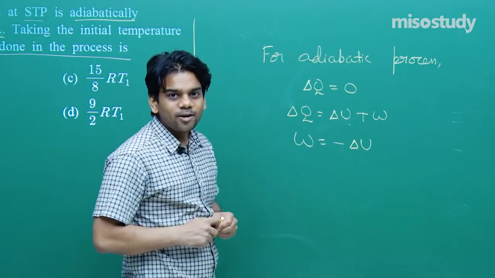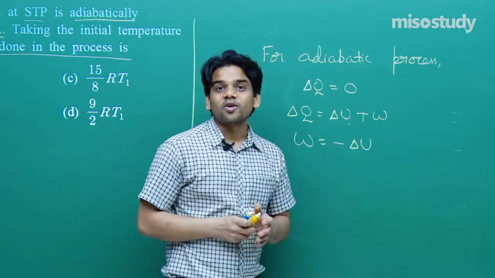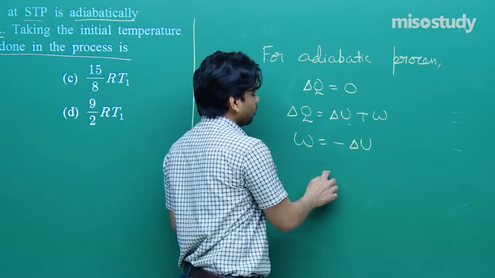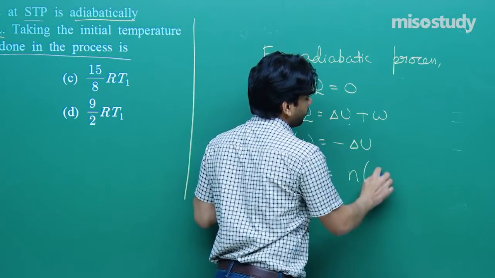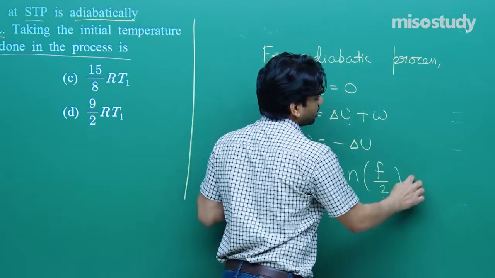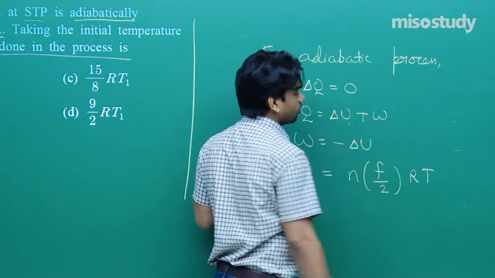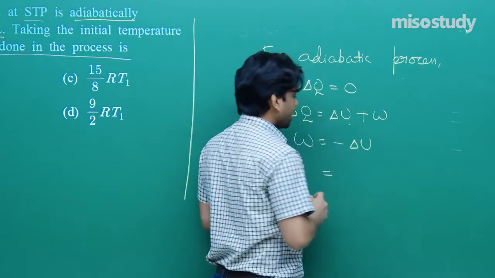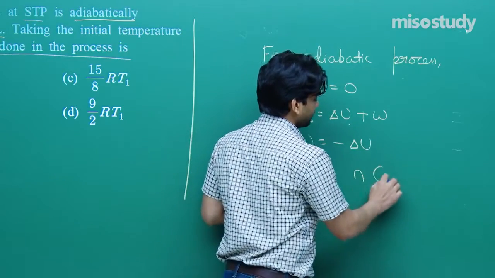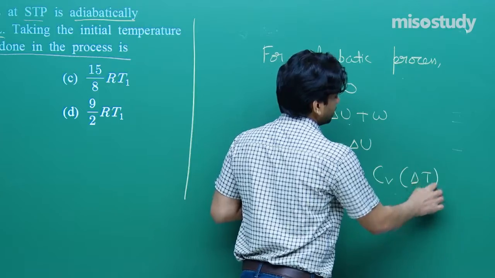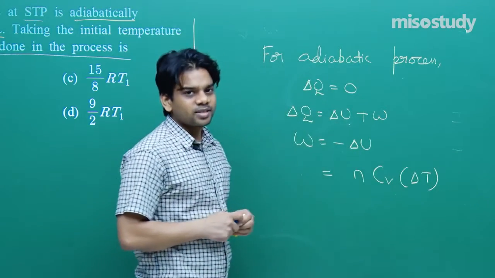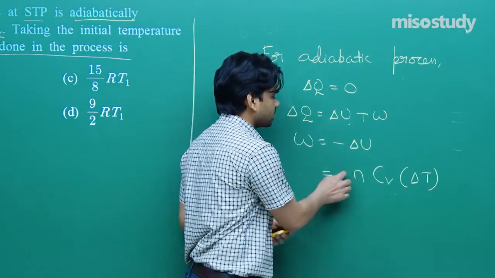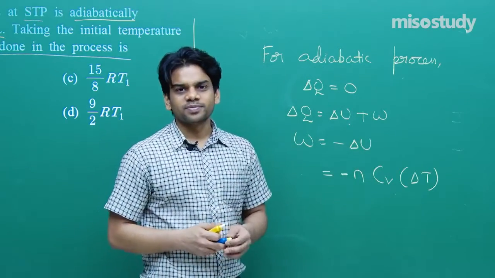And I have told you with respect to degrees of freedom what the value of delta U will be, that will come out to be n f by 2 RT. Or before that, it is n Cv delta T. That is what we can say about the value of delta U, and the minus sign was there. n is 1 by 4, that is given.